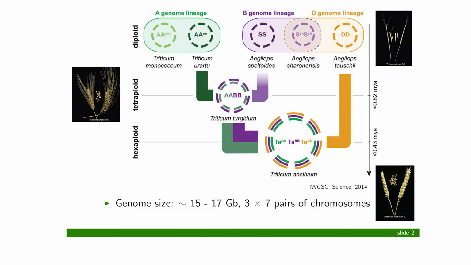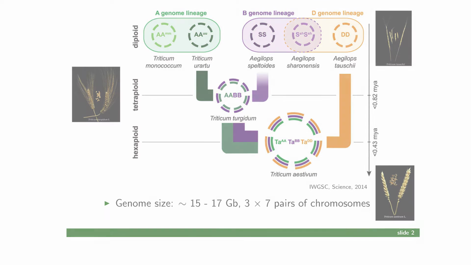But actually, it's a benign polyploid species because the subgenomes are well diverged from each other, with about 3 to 4% divergence in genic regions. But still, wheat has a very large genome.